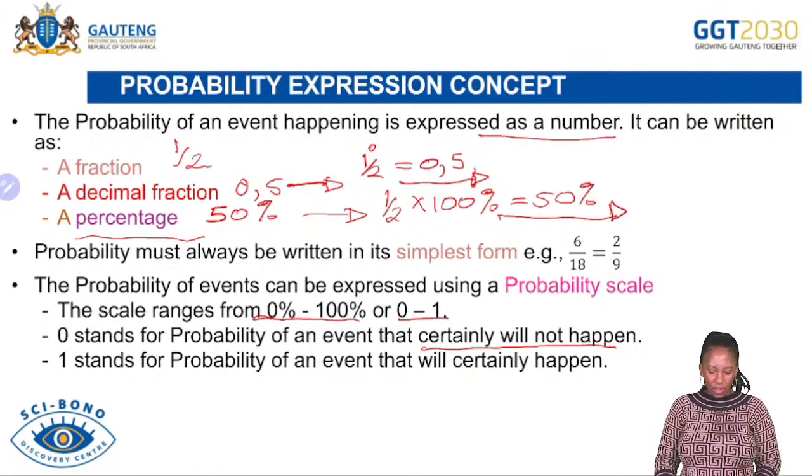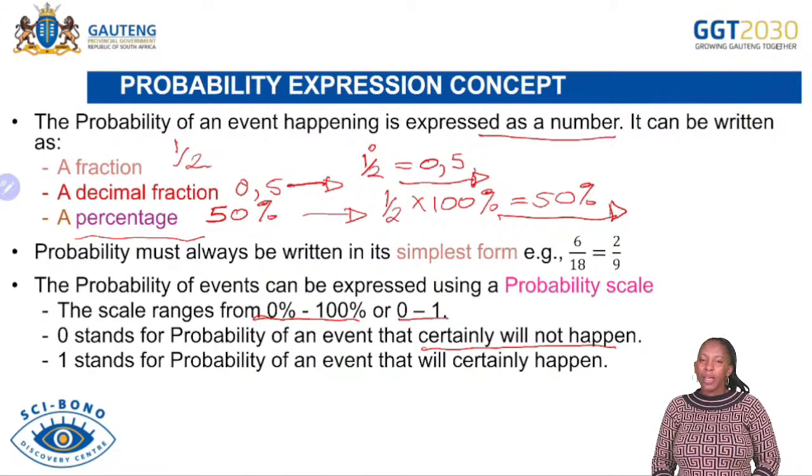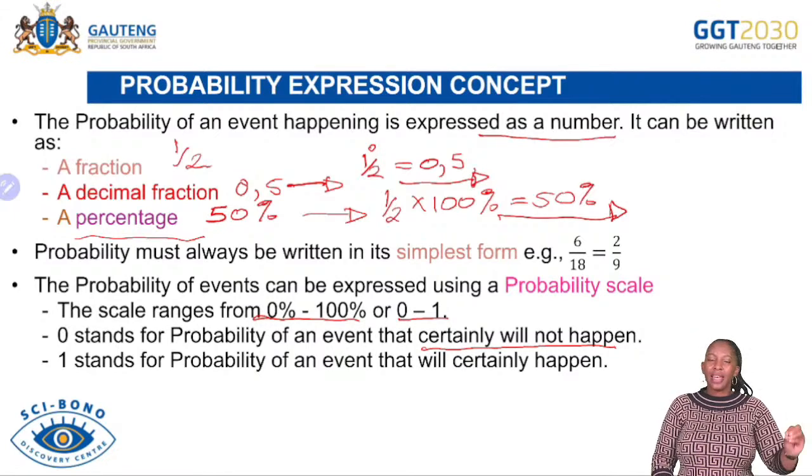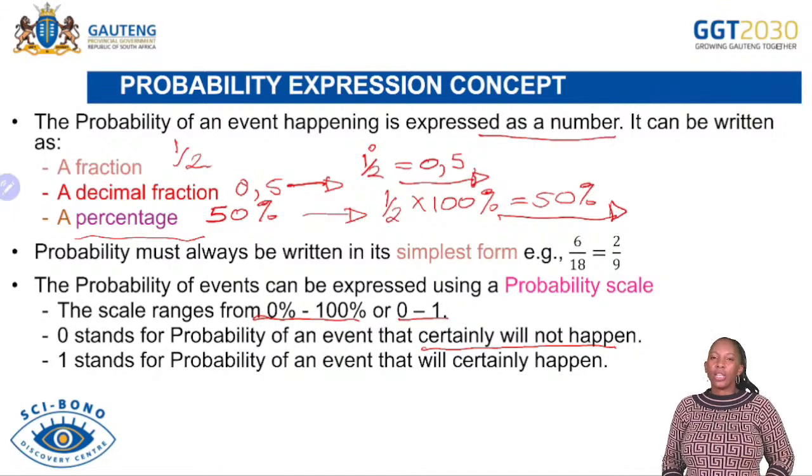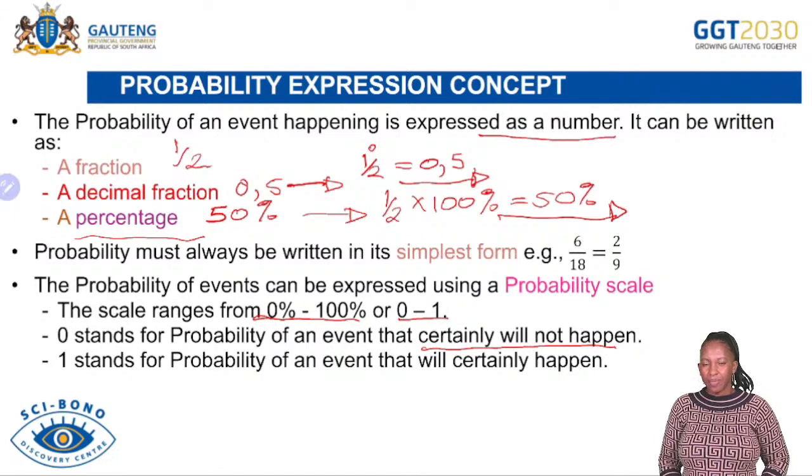And then I tell you that 1 stands for probability of an event that will certainly happen. It's 1. If I say a chicken is going to lay eggs, it's true.